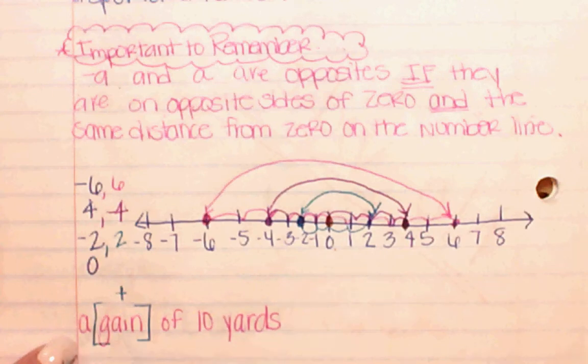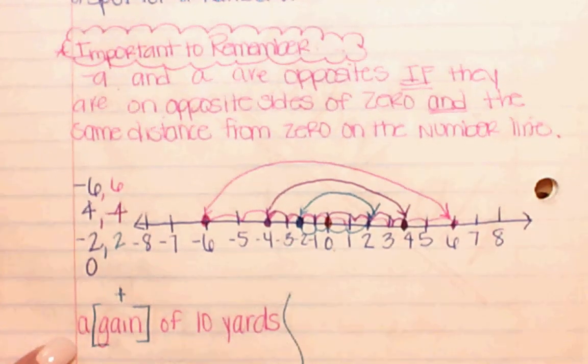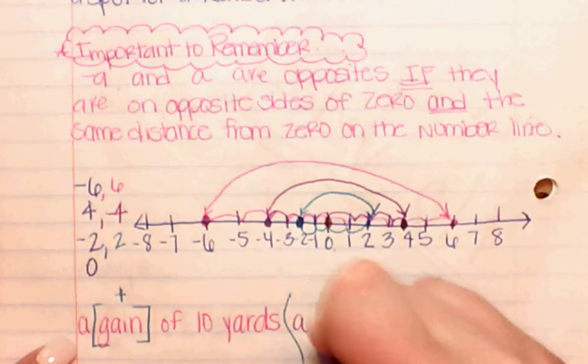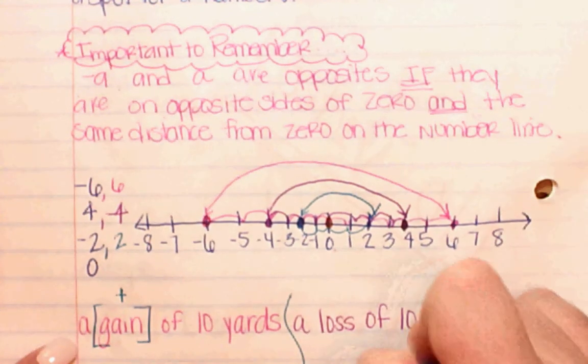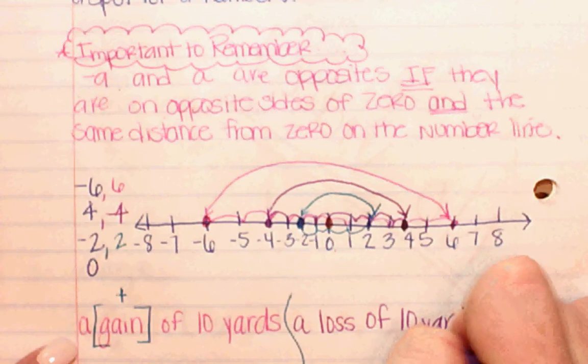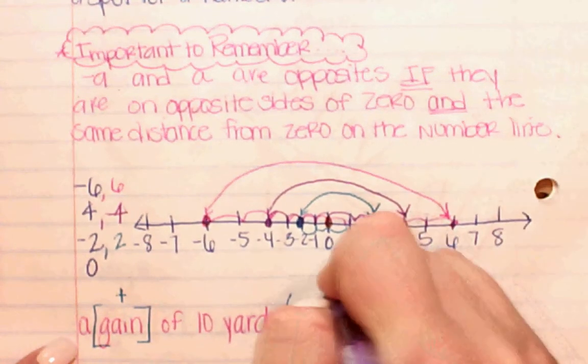So we're saying a positive 10 yards. Now I need to write the opposite. The opposite of a gain of 10 yards, instead of gaining 10 yards, I'm going to lose, or a loss of 10 yards. Loss is a word for negative.